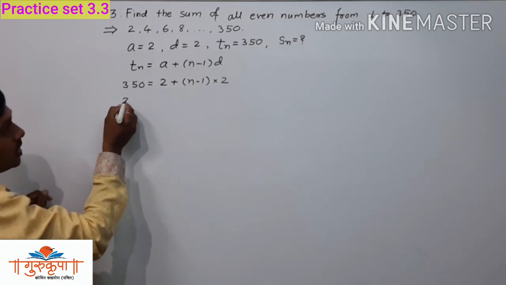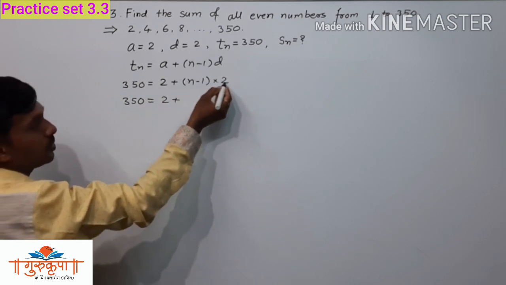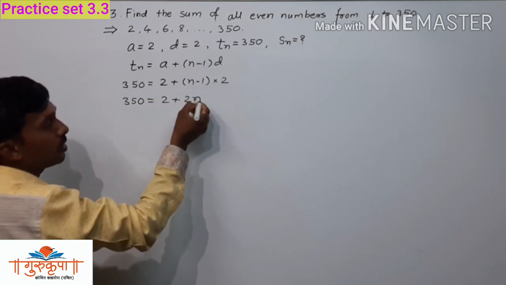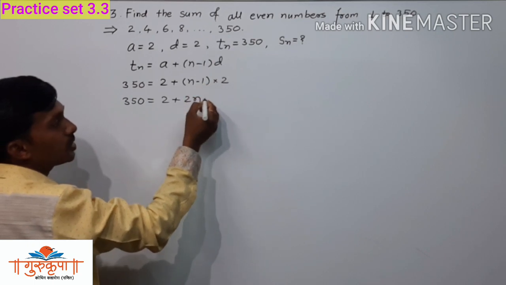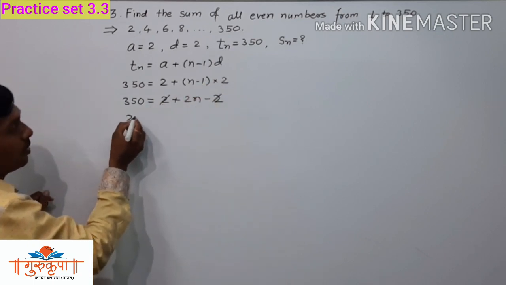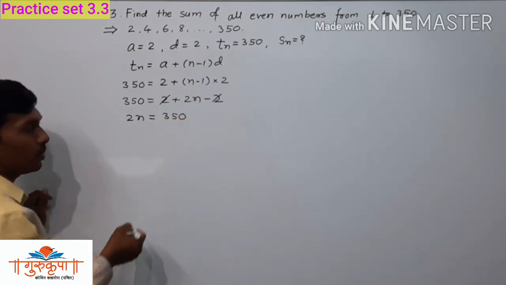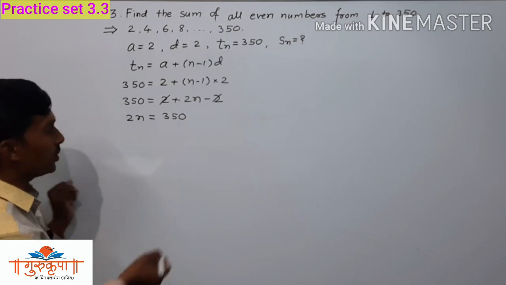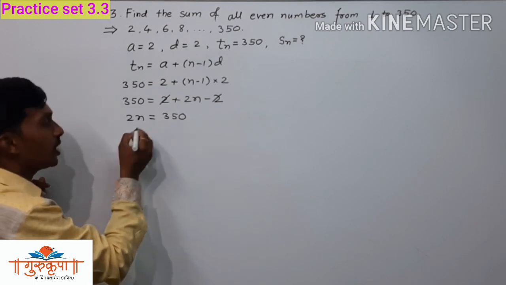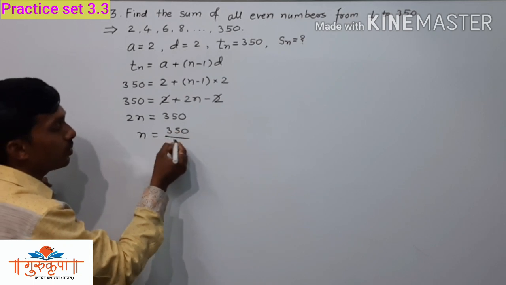Now simplify this again. This 350 is equal to 2 plus 2 into n is 2n minus 2 into 1 is 2. Here plus 2 minus 2 gets cancelled and we have 2n is equal to 350. So transfer this 2 to the right side. So you will get n is equal to 350 divided by 2.